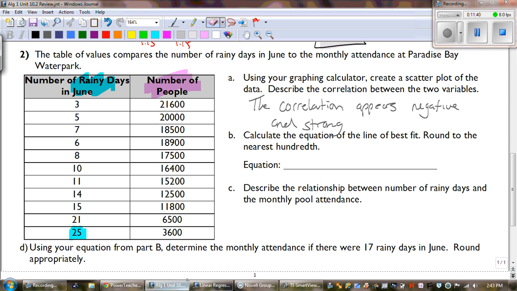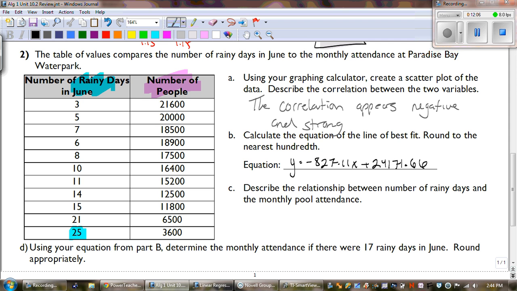Okay. So you should have gotten for that y equals negative 827.11x plus 24,171.66.